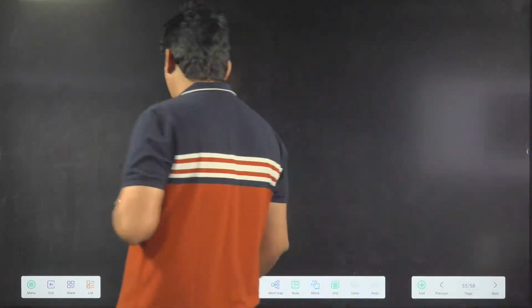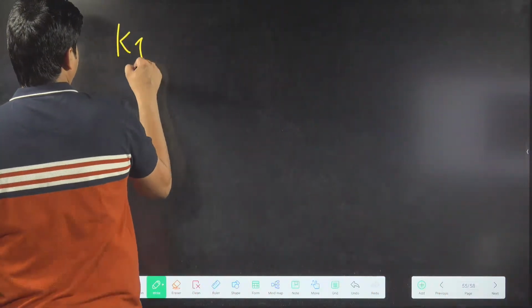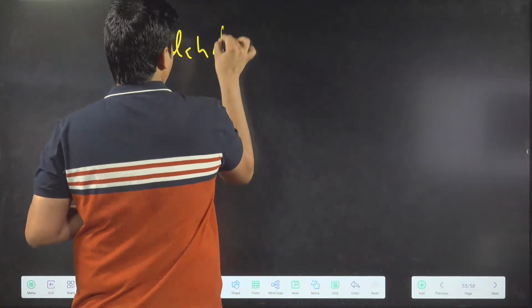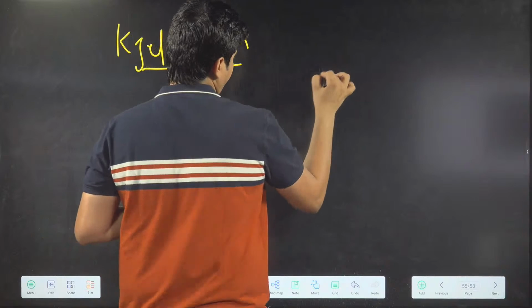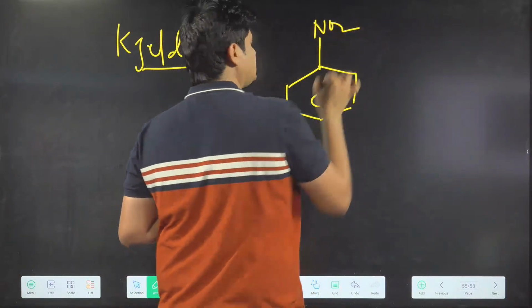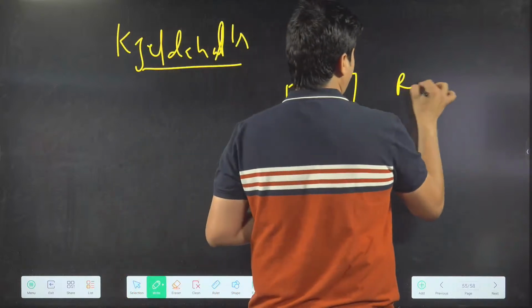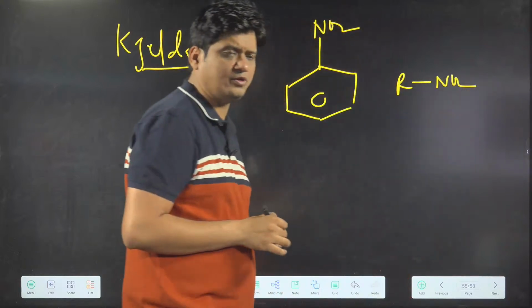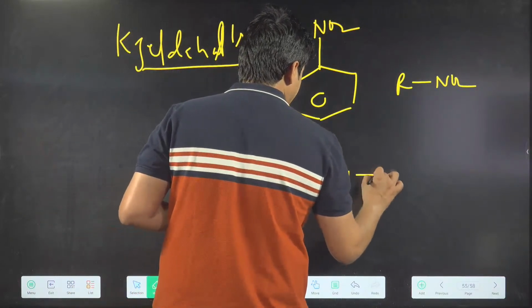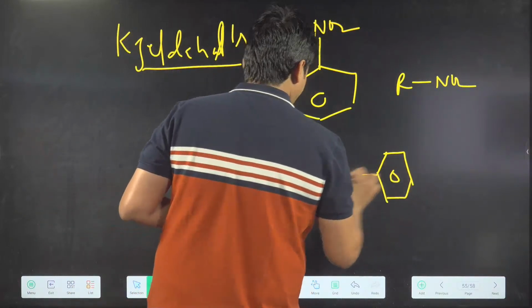And one more point. Kjeldahl's method is not possible for nitro compounds, any nitro compound.